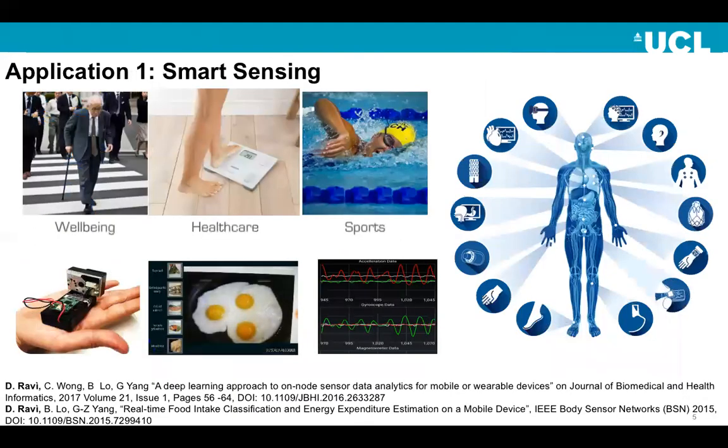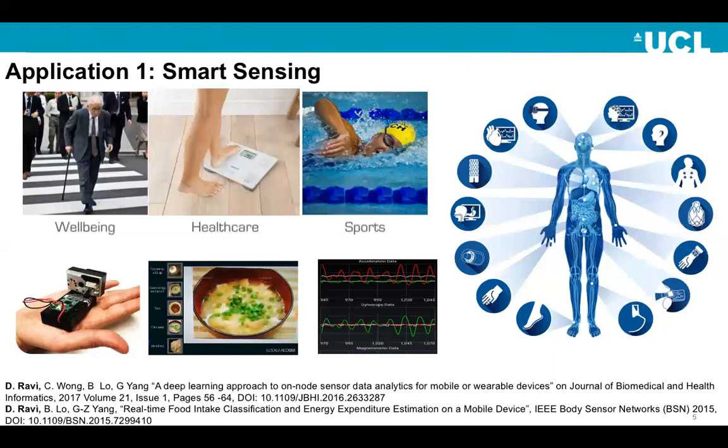So the first field where we used deep learning a few years ago was smart sensing. What is smart sensing? It's the field where we develop devices that can be wearable or implantable to monitor some biological, physiological parameters. In my case, the idea was to monitor the calories that each person burns or intakes during the day.